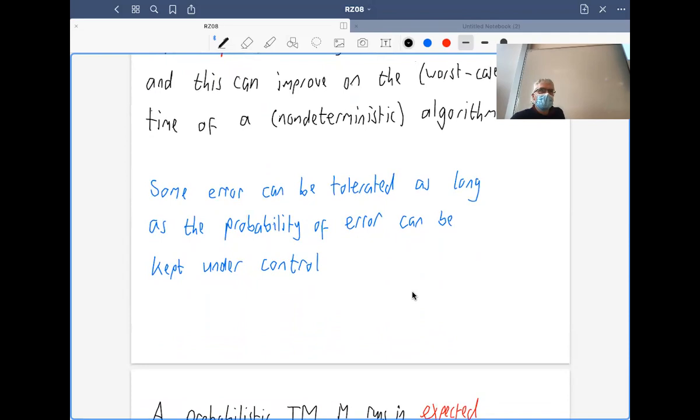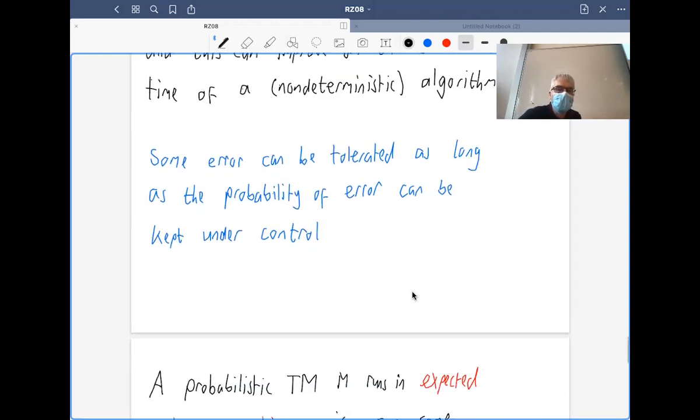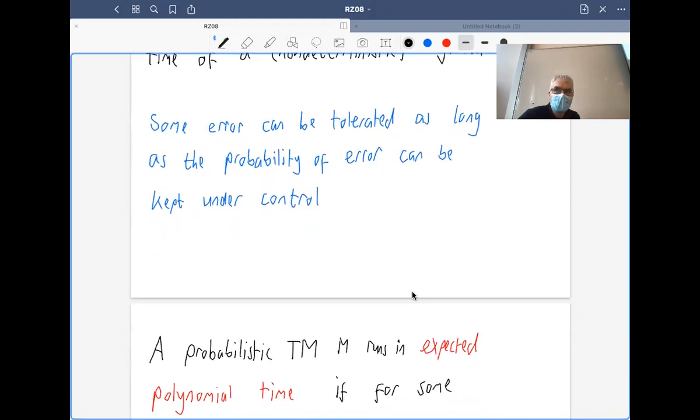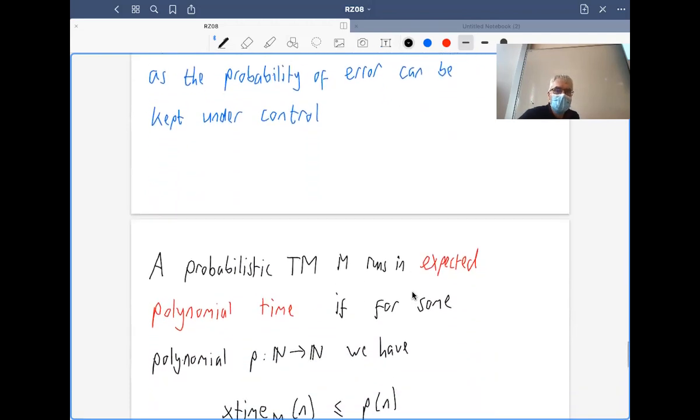As long as we can keep those probabilities under control, we know what the probabilities are, we can allow some error to creep into our algorithms, and that gives us a very useful way of writing powerful algorithms, if we can make mistakes but keep the probability of making a mistake under control.